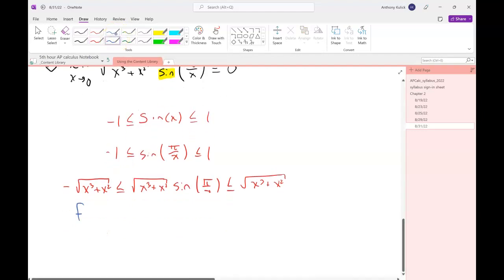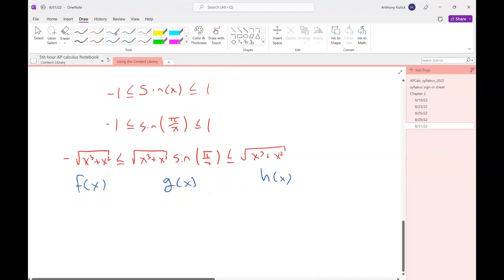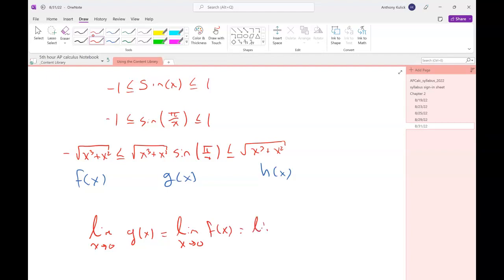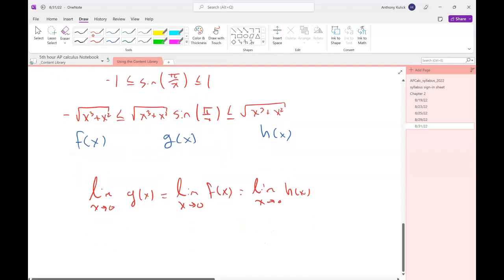So this is my f of x, this is my g of x, and this is my h of x as per the squeeze theorem. So I know that the limit as x approaches 0 of g of x is going to equal the limit as x approaches 0 of f of x, which should be the same as the limit as x approaches 0 of h of x. Everybody's okay with that?